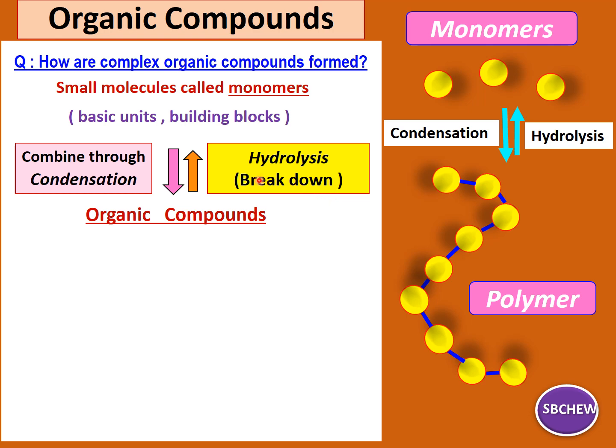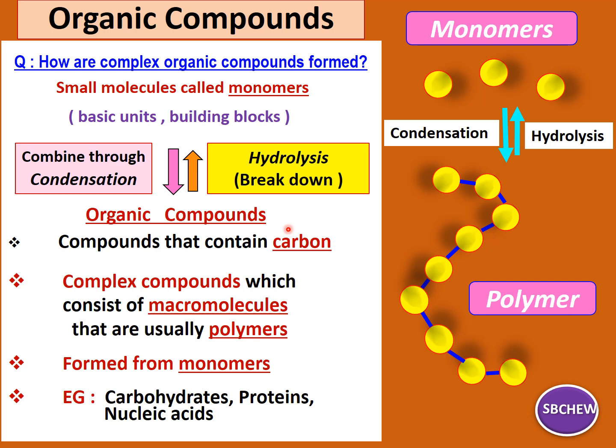Now we'll be studying more of hydrolysis and condensation in the upcoming videos, so do not worry about it in this video, because we are going to discuss monosaccharides only for this video. We will discuss more of condensation and hydrolysis later on with clear examples for you to understand.